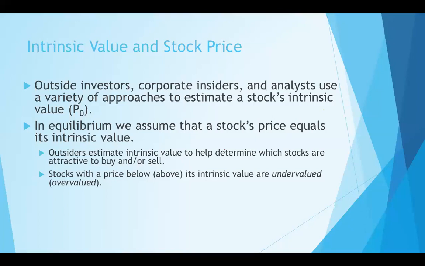From outside the company, we don't know much detail, all the cash flows, tangible and intangible assets, like the top managers do. So we would like to estimate this intrinsic value. In equilibrium, we assume that the intrinsic value and the stock price should be equal.